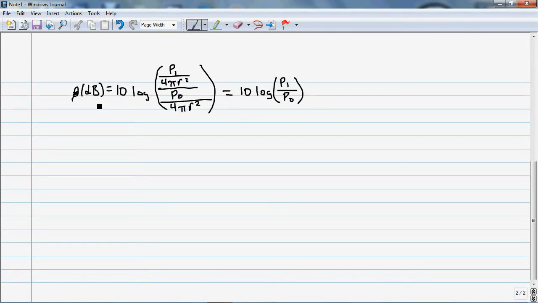So now I've related decibels to a power ratio with the caveat that I'm not moving. Assume no location change.